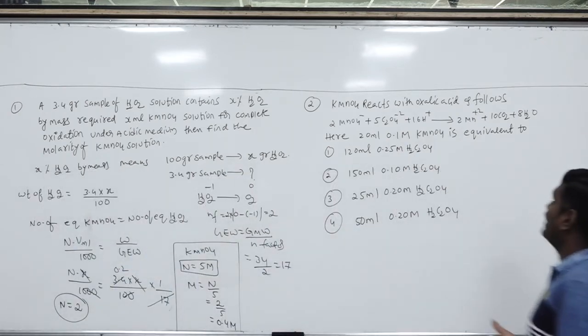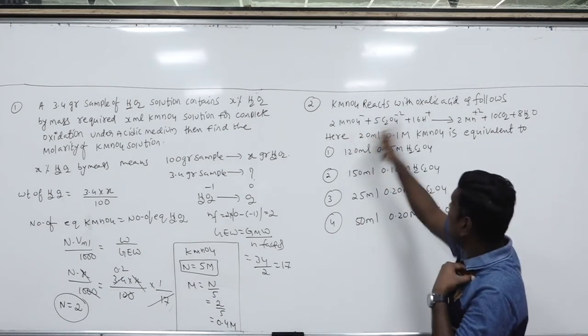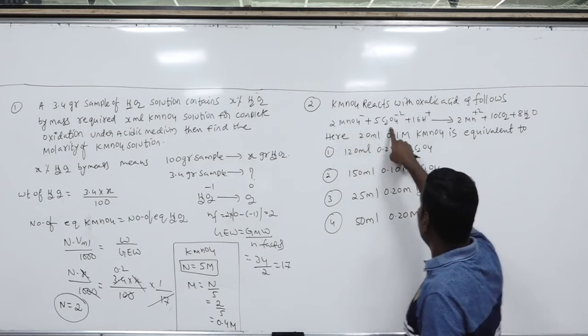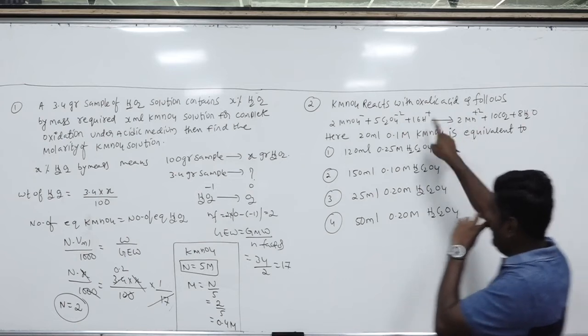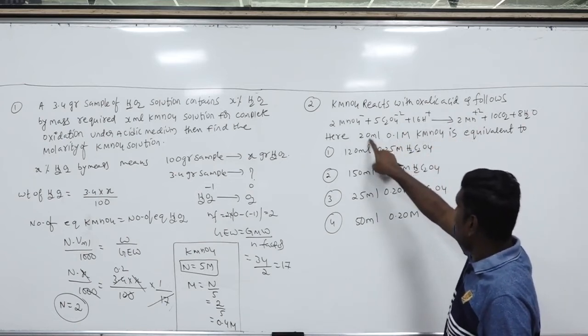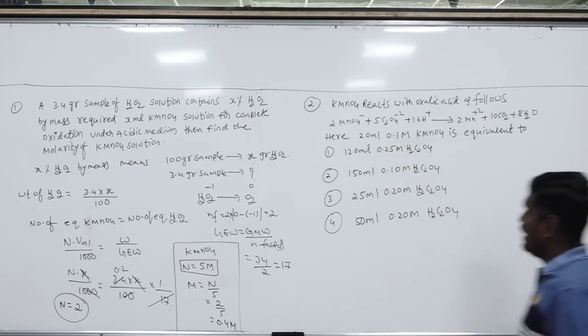Now come to the next question. KMnO4 reacts with oxalic acid as follows. Here, potassium permanganate: potassium is a spectator, so that's why you are not writing it here. Permanganate oxidizes the oxalate into carbon dioxide and itself reduces to Mn+2 in acidic medium. Now, KMnO4 volume is given as 20 mL and molarity 0.1.